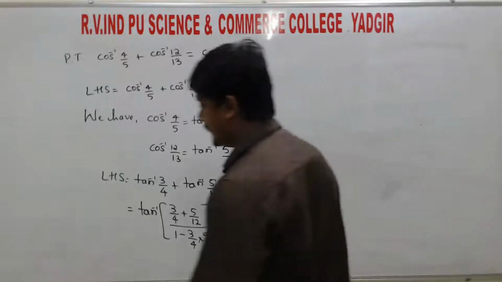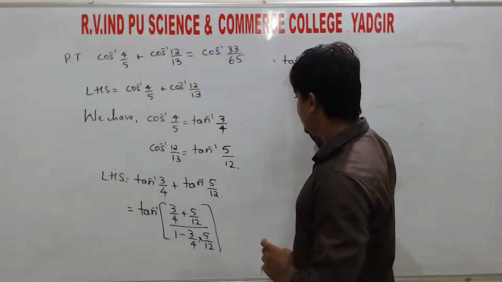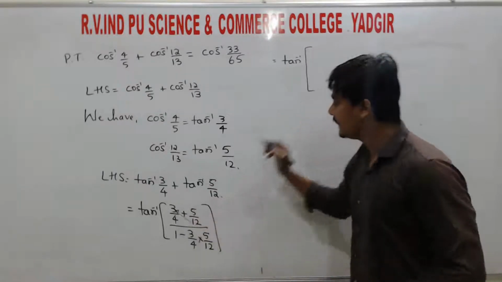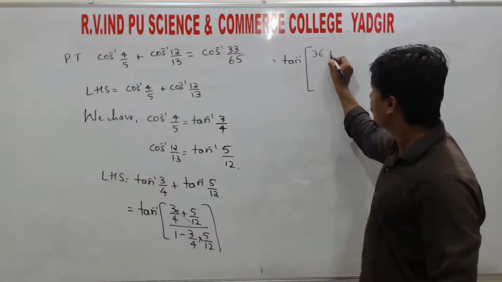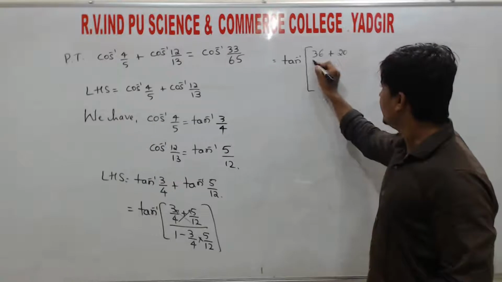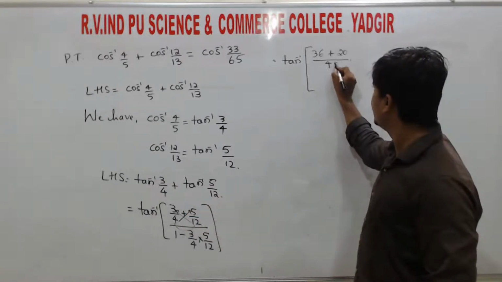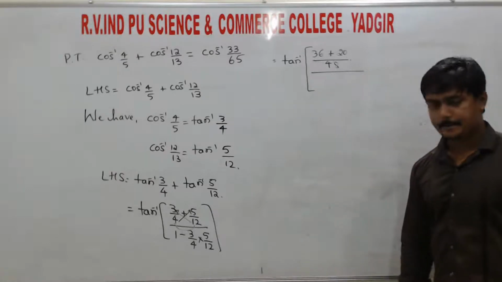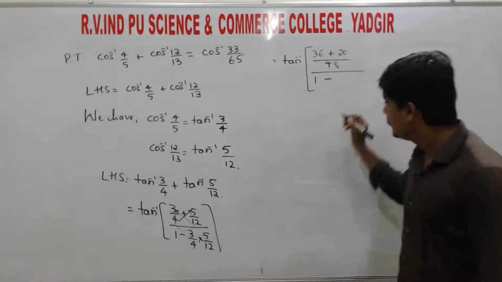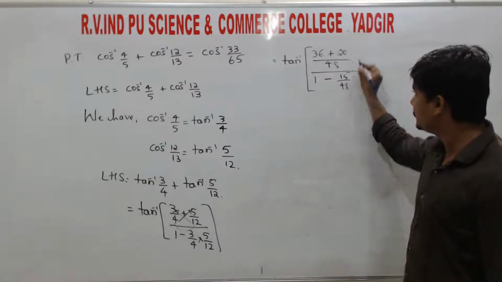Now this equals tan inverse of, take the LCM, 12 threes are 36 plus 4 into 5s are 20, divided by 12 into 4, 48, whole divided by 1 minus, first multiply these two, 3 into 5, 15, 12 into 4, 48.